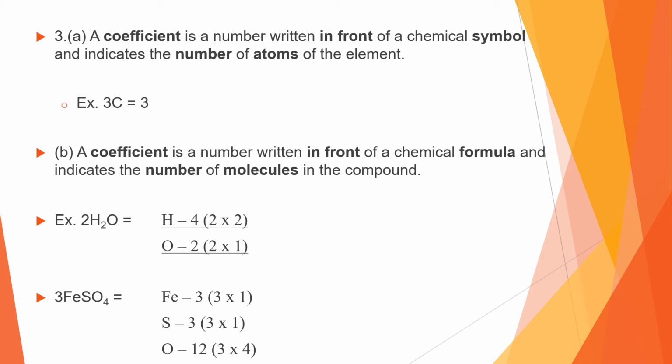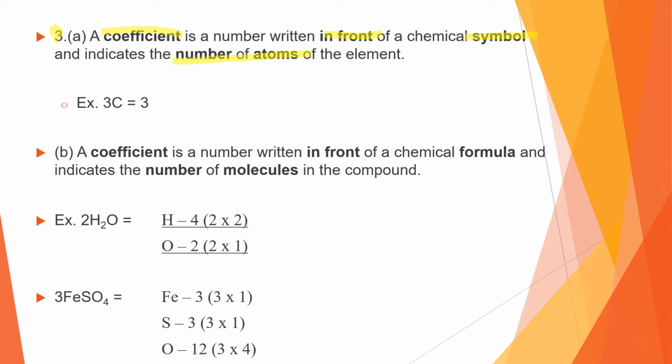Number 3 says, a coefficient is a number written in front of a chemical symbol. A coefficient is written in front and indicates the number of atoms of the element.